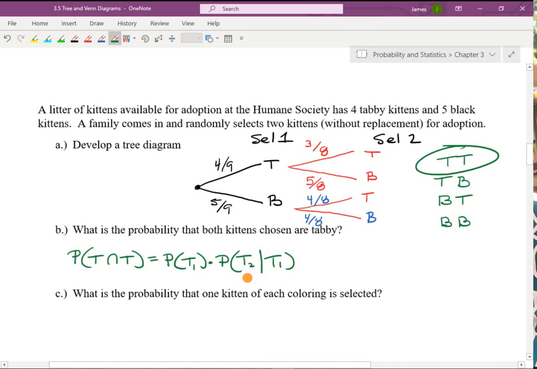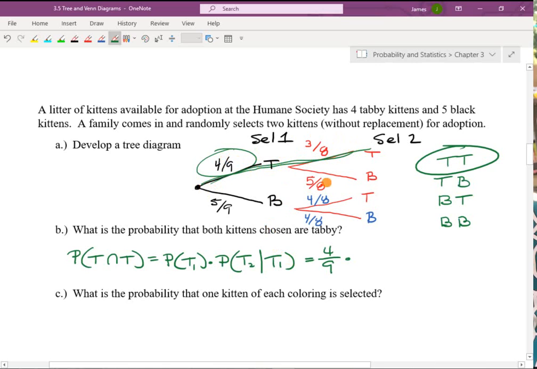It's the multiplication rule, but I write it that way because the events I know were dependent. Okay, if they were independent, I would just write probability tabby sub 1 times probability tabby sub 2. Okay? But because we know that they're going to change, what's the probability of tabby sub 1? 4/9, right? Times the probability of tabby 2, given that 1 is already chosen, that'd be going this route, right?